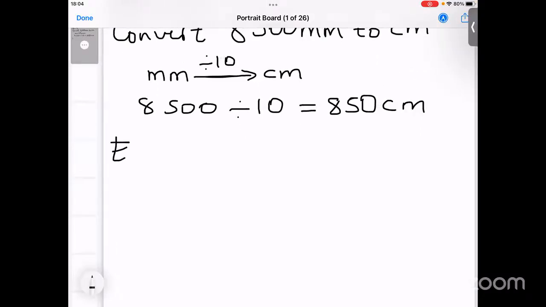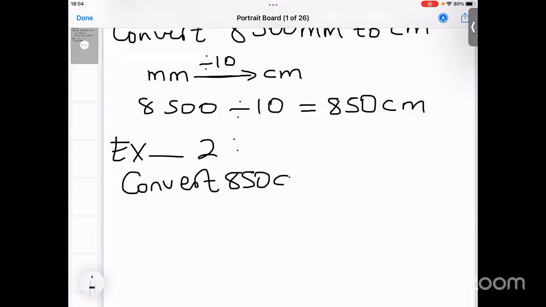do example number two, whereby this time around, let's actually convert that same 850, which is in centimeters. Now let's take it to what? Meters. Okay, so how are we going to do it now? Very easy, honorable member.